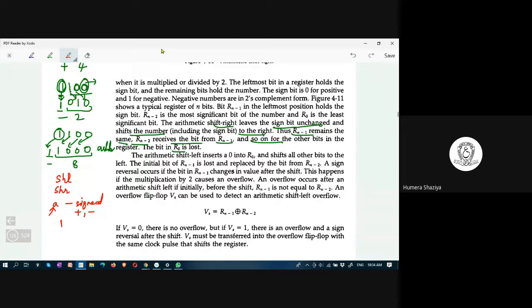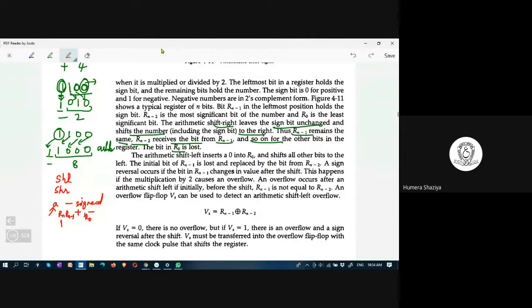Whenever you are performing left shift operation, this is R naught and this is Rn. From Rn minus 1 position, you have to perform shifting. Rn you should leave as it is. Why should you leave Rn as it is? Because that denotes the sign.